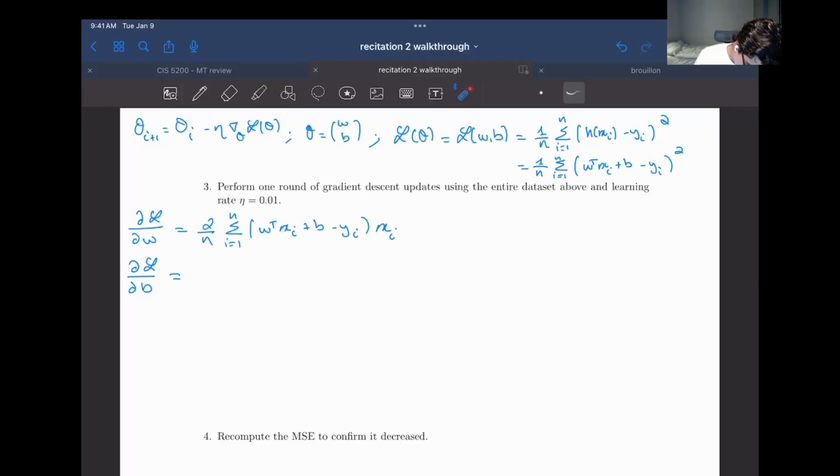So chain rule again, this is going to be 2 over n, summation i equals 1 to n of f, again unchanged. And then f prime comes here. So what is f prime if this is f, when you differentiate with respect to b?